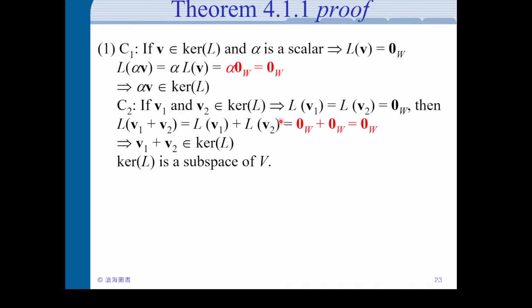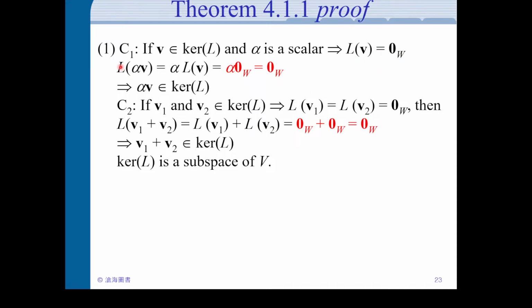The proof is quite straightforward. To prove a subspace, basically we need to prove closure. So we need to prove closure under scalar multiplication and closure with respect to vector addition. So we have something inside kernel, and it gets mapped to 0.